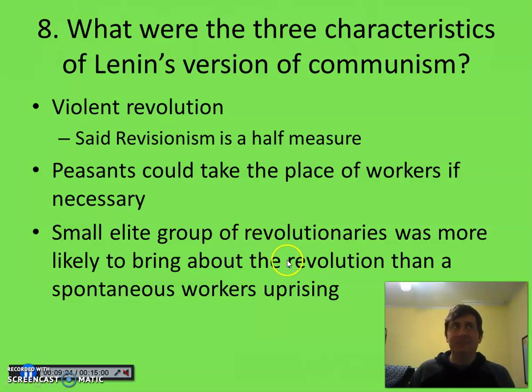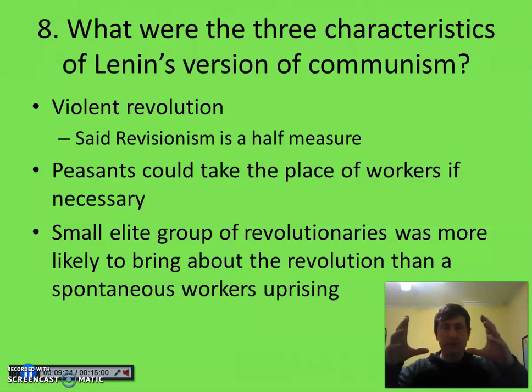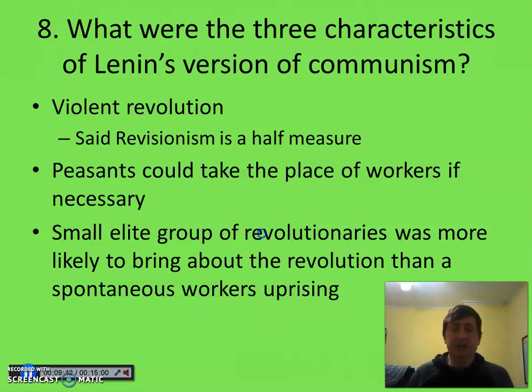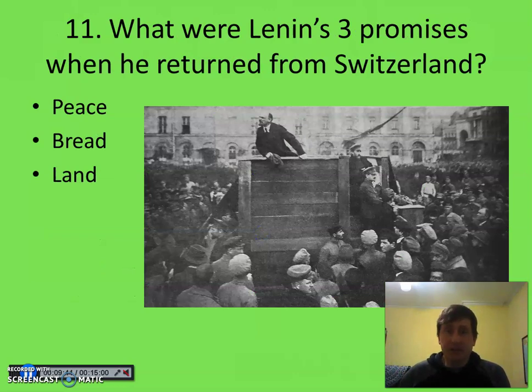But it's also one of the reasons that Lenin is successful, because when the people are upset and the people are ready to revolt, they have a small group of people who are ready to take charge and tell the people what to do, and to protect the revolution from the reactions of the government that they overthrow.